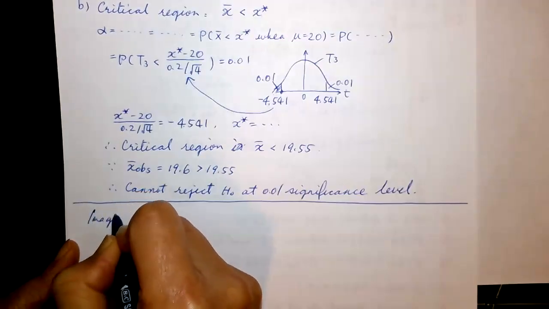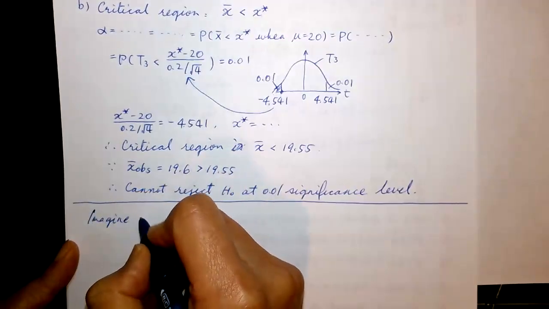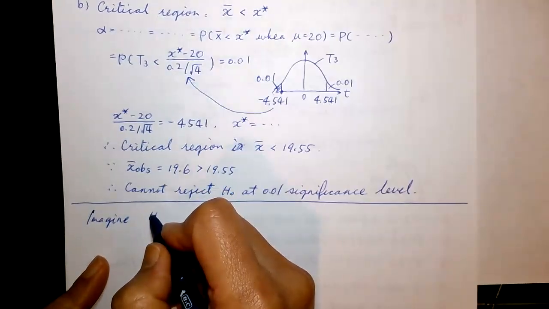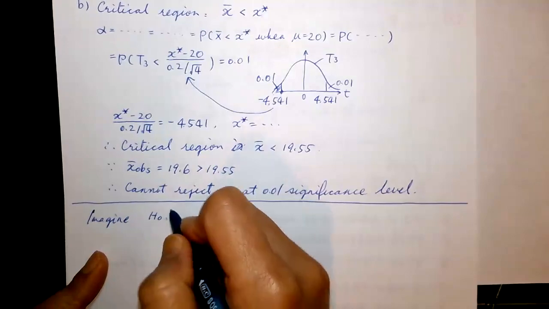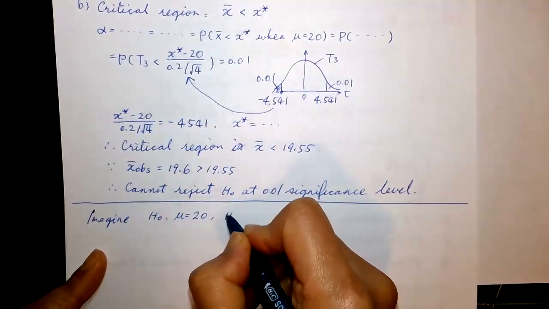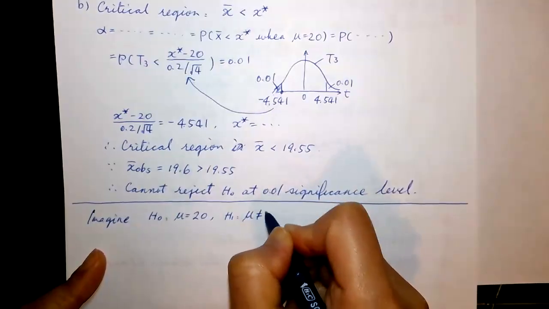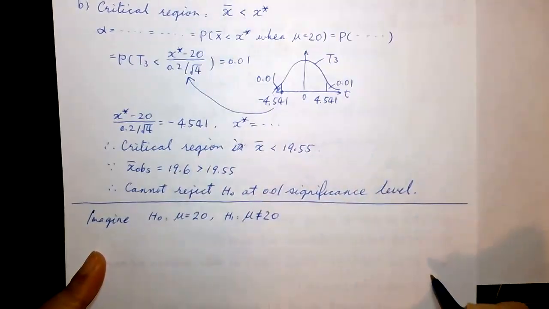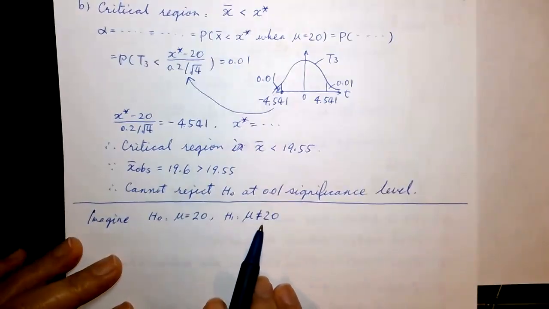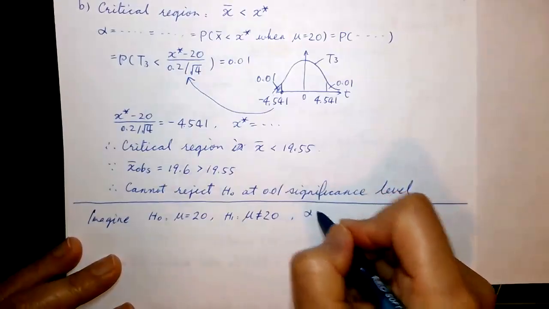Let me just imagine that the situation has changed. We still use the serial question, but now the claim is mu is 20 or not. So if it's not 20, I don't care if it's more or less.